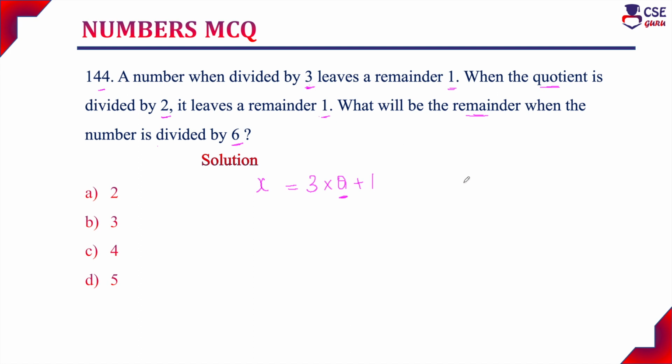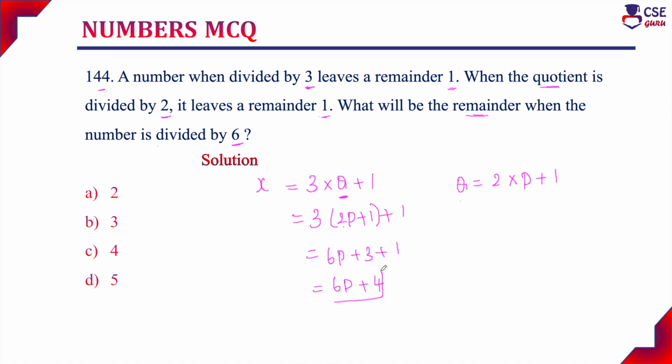Consider the quotient as p, so q is 2p plus 1. Applying here, that is 3 into 2p plus 1, plus 1. So we get 6p plus 3 plus 1, so this is 6p plus 4.